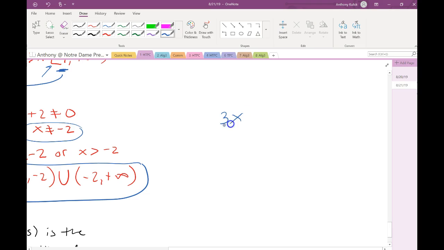So we have 3x over x plus 2 equals y. What if we find the inverse for this? To find the inverse, what we want to do is isolate the x variable, right? So to do that, let's cross multiply.